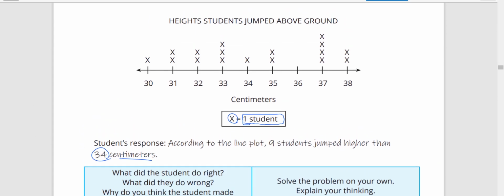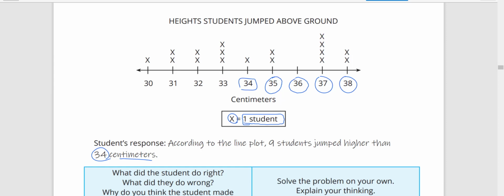So, just after 34, higher than 35, 36, 37, and 38.